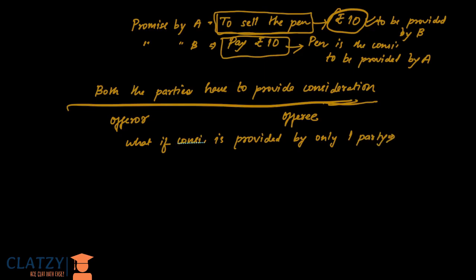It means that there is no valid consideration. Why are we saying so? Because consideration needs to be mutual. Both the parties have to provide consideration. If any of the parties does not provide the consideration, then the consideration is not valid.